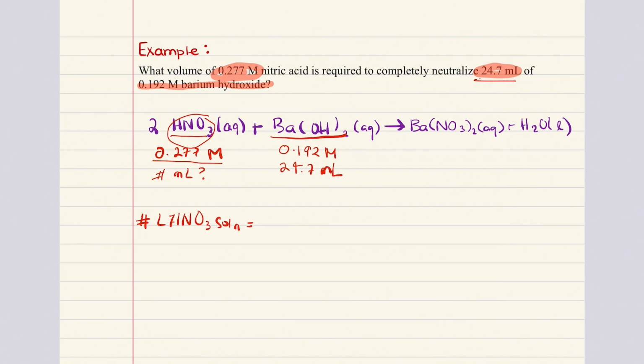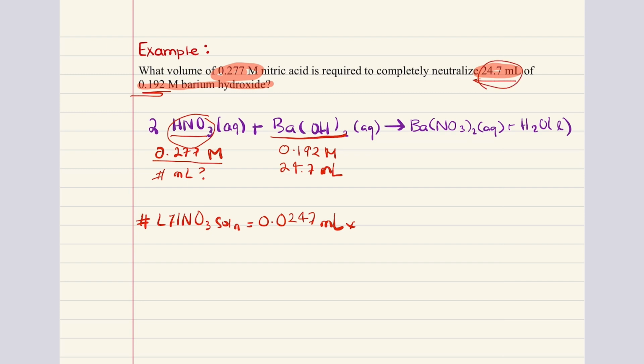So this is just going to be 0.0247 liters. That's what we're starting off with. What we can do now, and what we saw in previous problems with the precipitation solution, is use molarity in our conversion factors to get rid of certain units. We can use the molarity of barium hydroxide because this is the liters of barium hydroxide.